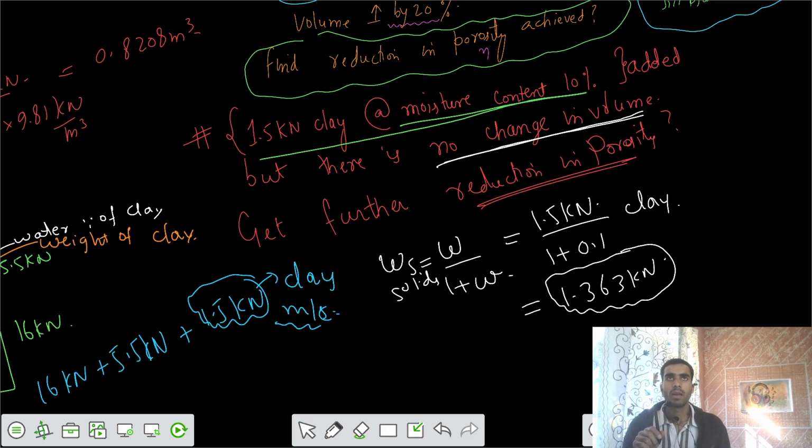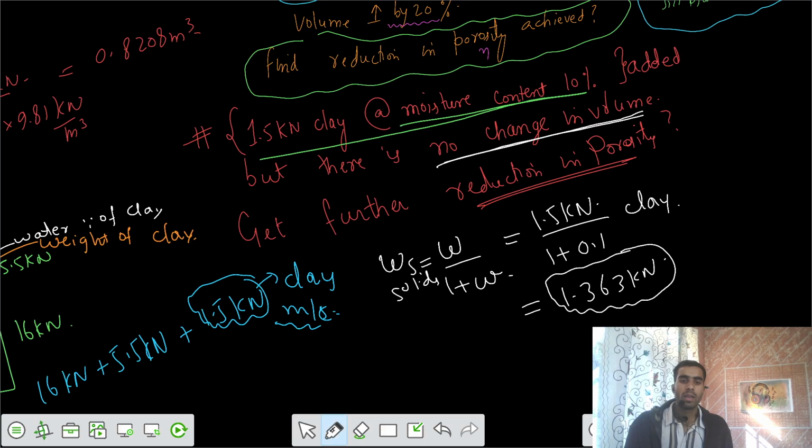It is going to occupy some of the voids left in the second case, because the volume is not going to change and solids are incompressible. So the void ratio is going to change, and so the porosity is going to change. We need to find how much volume these clay solids are going to occupy.